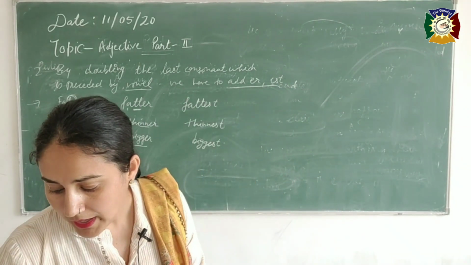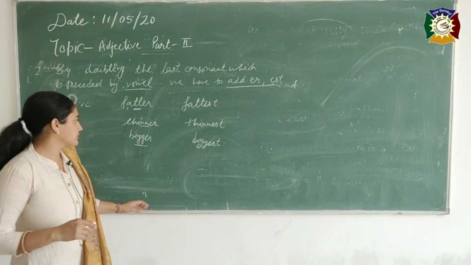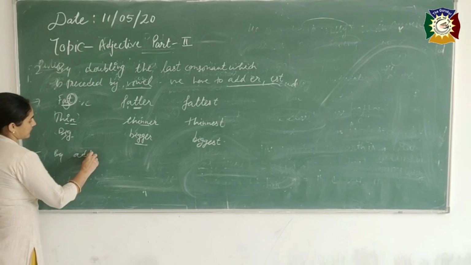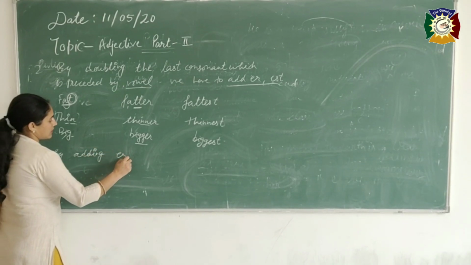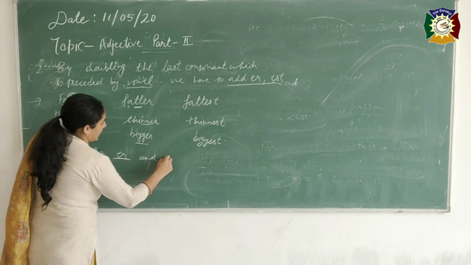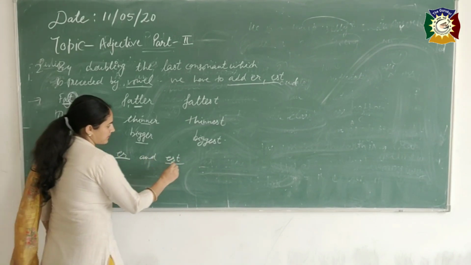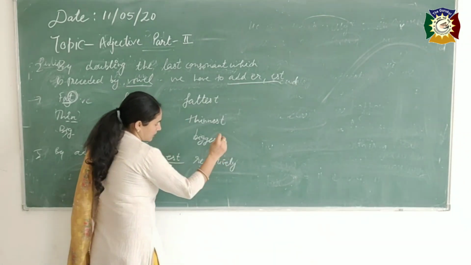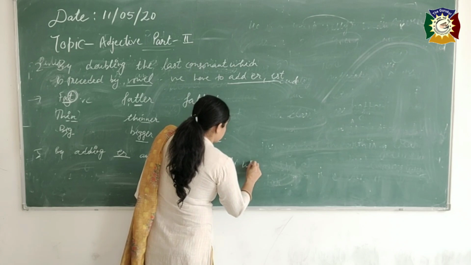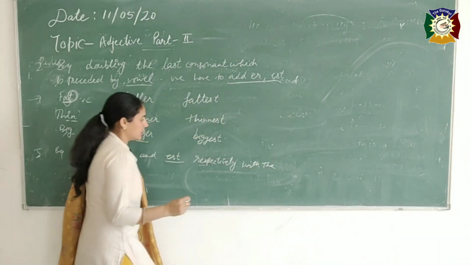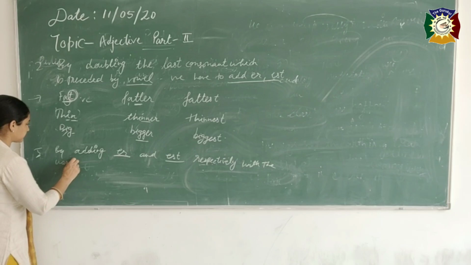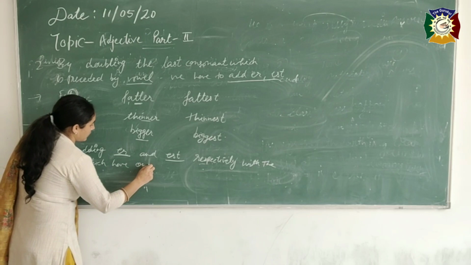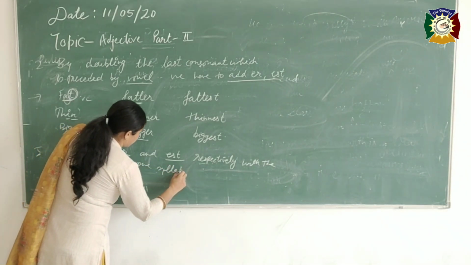Now next, we go by adding ER and EST. Next rule 3, by adding ER and EST respectively with the words which have one syllable.